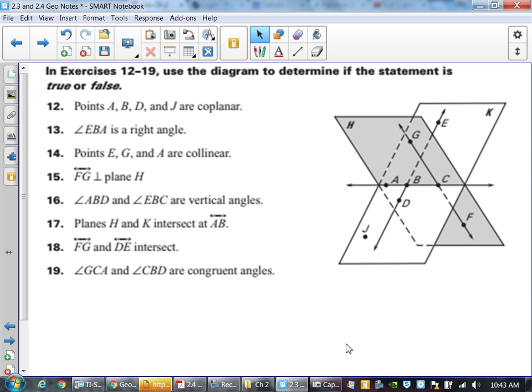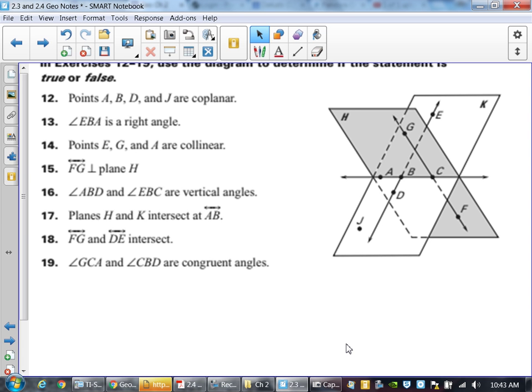What I want to look at here is, can I answer a couple of questions from the diagram? In this case, do I know for certain that points A, B, D, and J are coplanar? Well, remember, what is coplanar again?